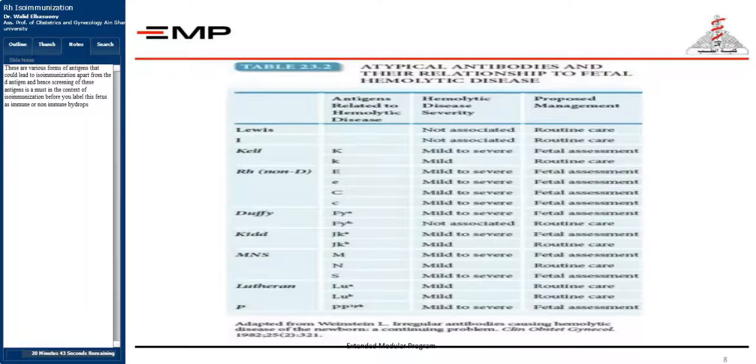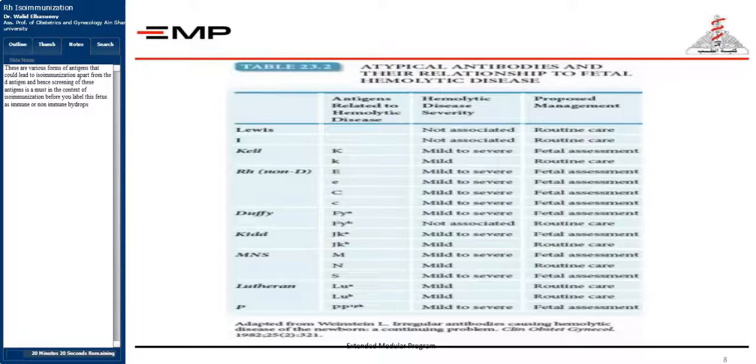This is a very nice graph that just tells us that the immunization is not just the D antigen. There are other forms of antigens that could cause an immunization. Let's see, for example, we have the Lewis antigen, Kell antigen, other non-D RH antigens, as we said, the E capital, e small, C capital, and c small, Duffy, Kidd, MNS, Lutheran, and P antigens.